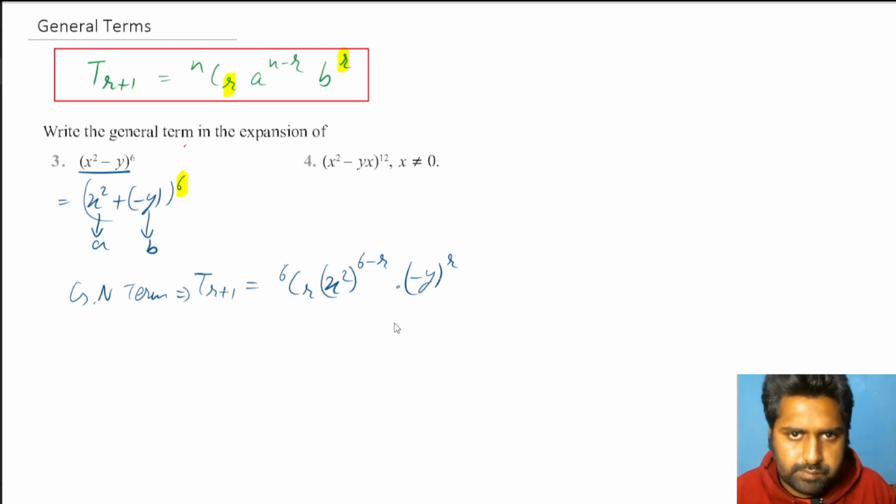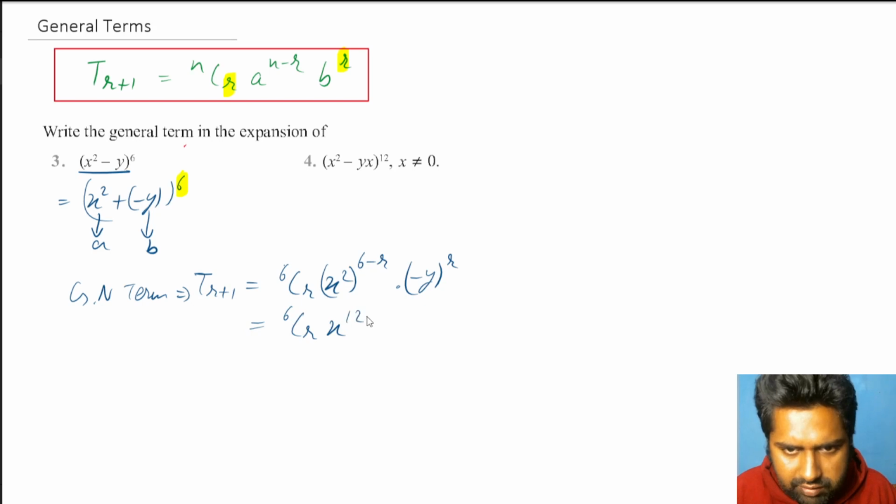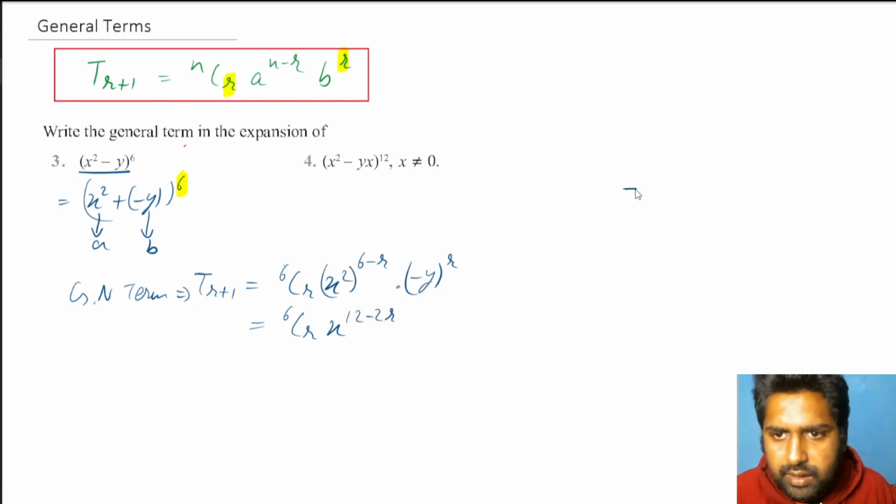Okay, now what you have to do? You have to use the properties of exponents to separate each and every term and simplify as far as possible. So 6Cr, power raised to power, it will multiply, so x raised to power 12 minus 2r. And I can rewrite minus y as minus 1 into y, complete raised to power r.